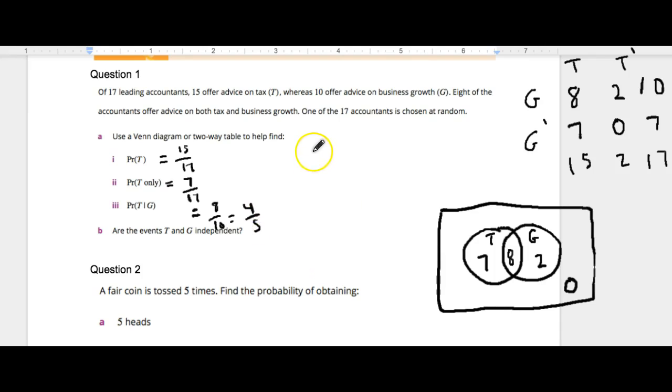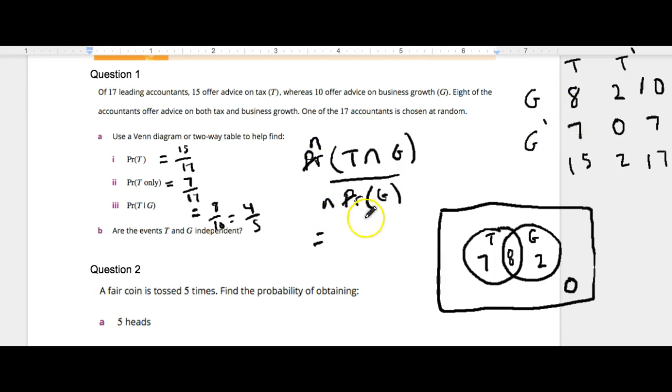Or you can use the conditional probability formula, which is the probability of T and G over the probability of G, or number. You can use number, you don't have to use probability. T and G is 8, and G is 10. So you can see how you can use the formula if you prefer, if it's too hard to read it from the Venn diagram.